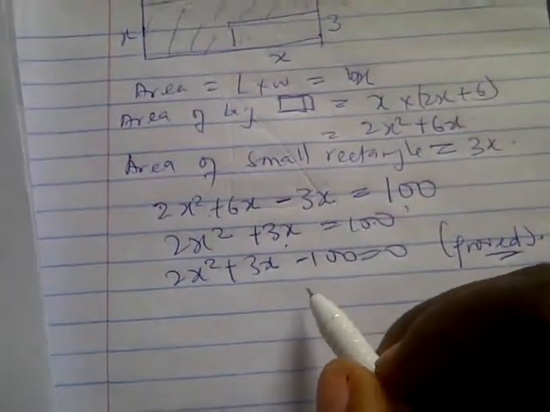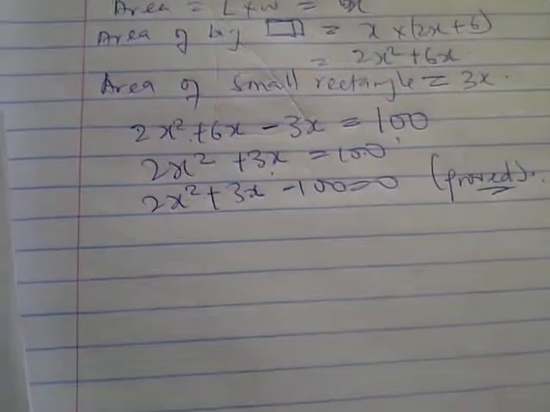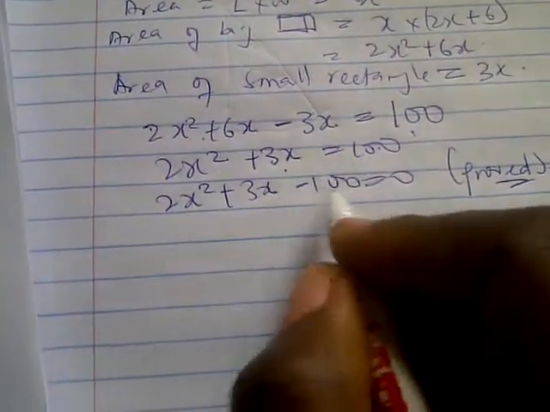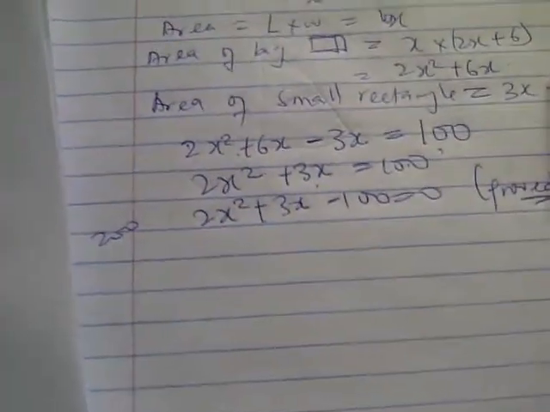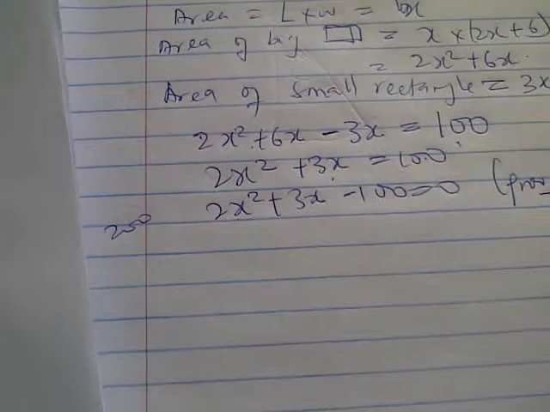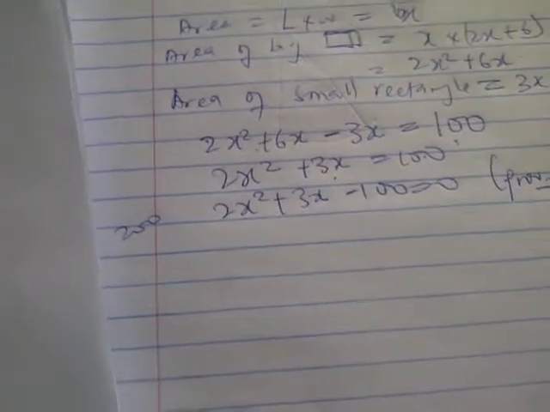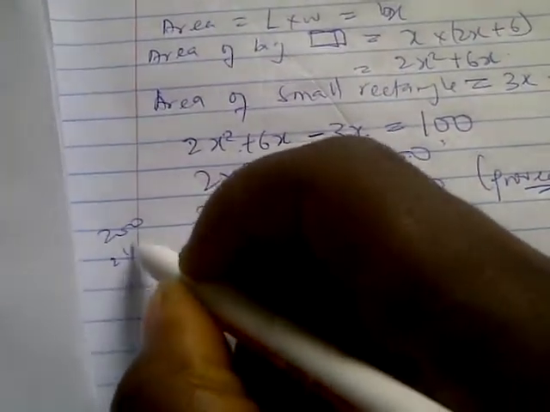Now from here, we'll be able to find our x using our almighty formula, because when you multiply out this, you have 200. So you can check to see if you have two factors that can add to give you 3 or multiply to give you 200. We have 2 and 100.